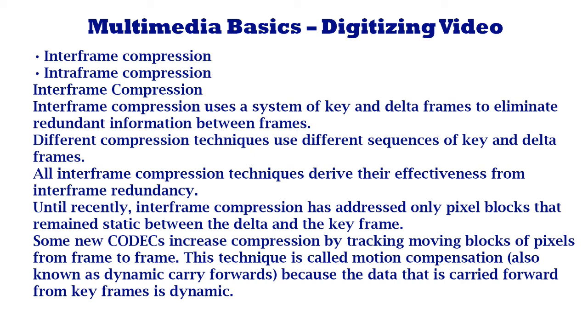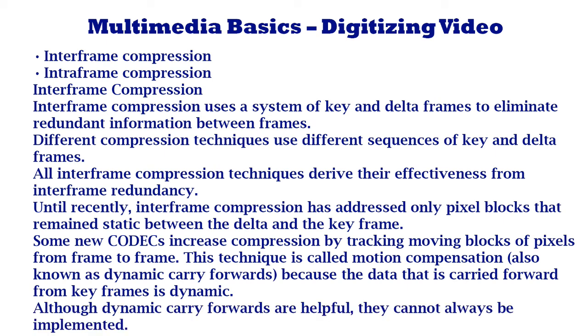If the codec can track the motion of the arm, the delta frame description tells the decompressor to look for particular moving parts in other pixel blocks, essentially tracking the moving part as it moves from one pixel block to another.